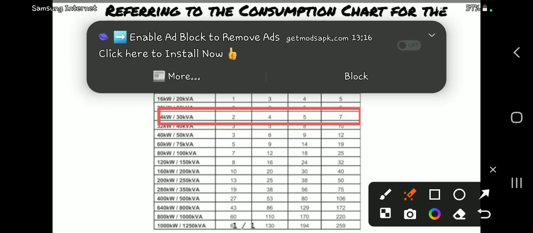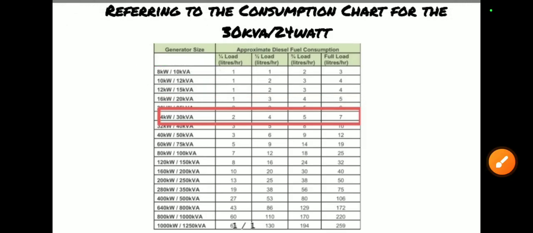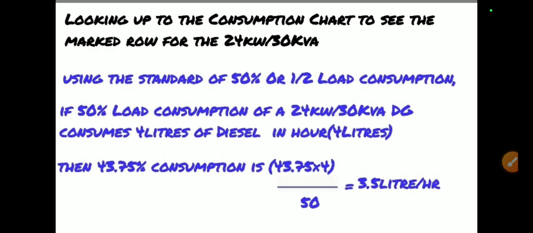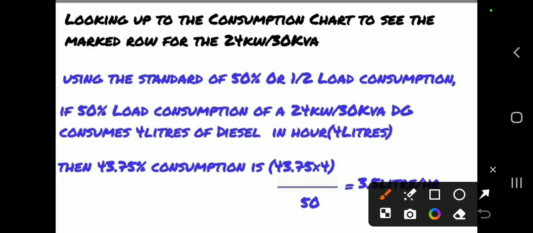So looking up to the consumption chart for the 30 kVA, we use the standard of 50%, which is half load consumption.